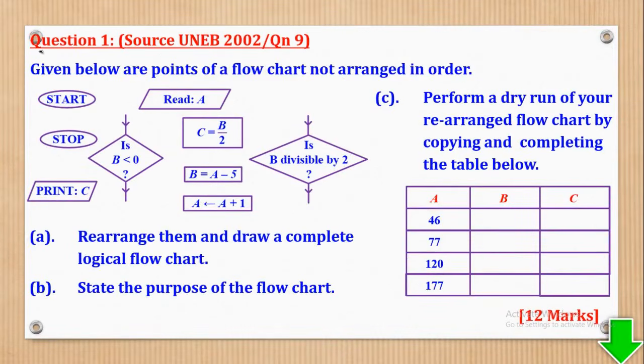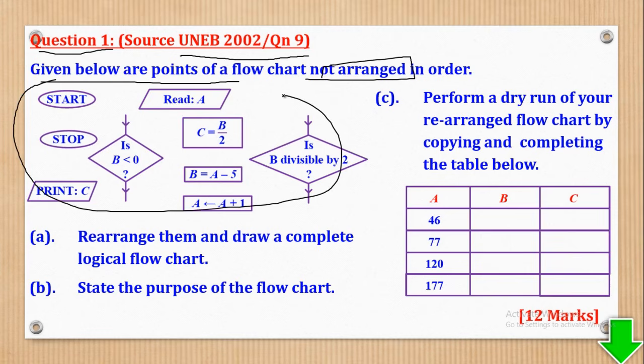So with that knowledge, you shall go to this question 1. Question 1 came from UNEB 2002, paper 2, question 9, and says, given below are points of a flowchart not arranged in order. So these are the statements.